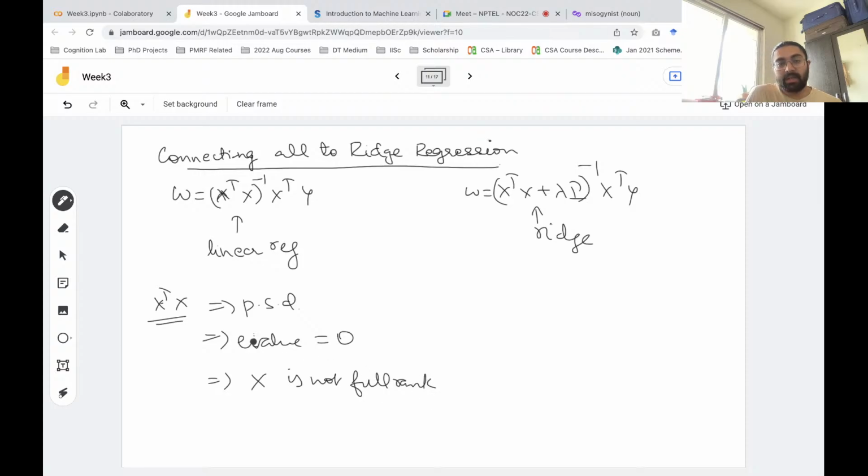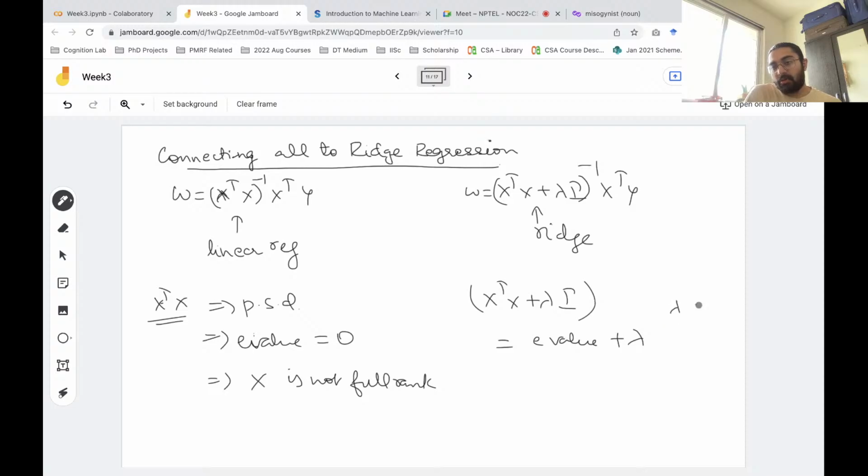We also saw that for a matrix of this format, the eigenvalues are just the eigenvalues of x transpose x plus lambda.